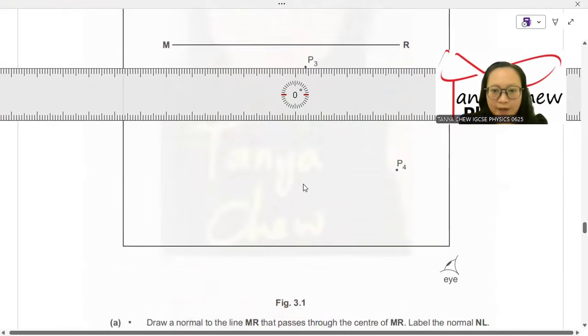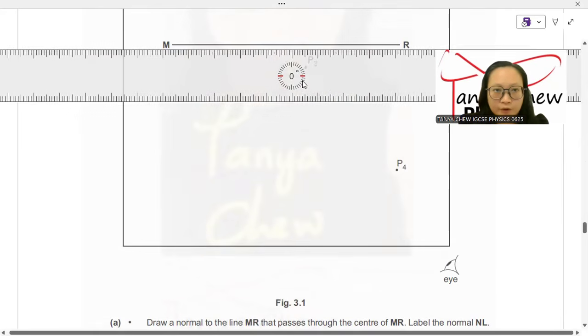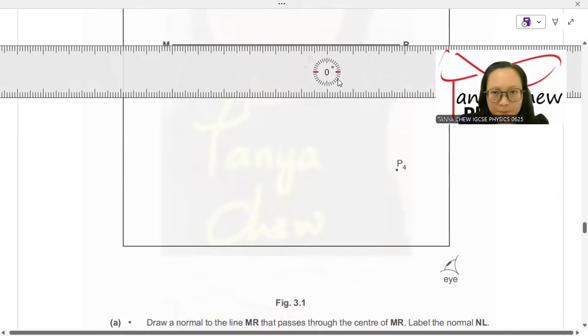This is MR, and I have to draw a normal that passes through the center of MR. So I'm definitely going to measure the center of MR. I just roughly calculate from here. If you print out the paper, you should know that from M to R, the distance is 10 cm. So from M to the center is 5 cm, from R to the center is 5 cm.